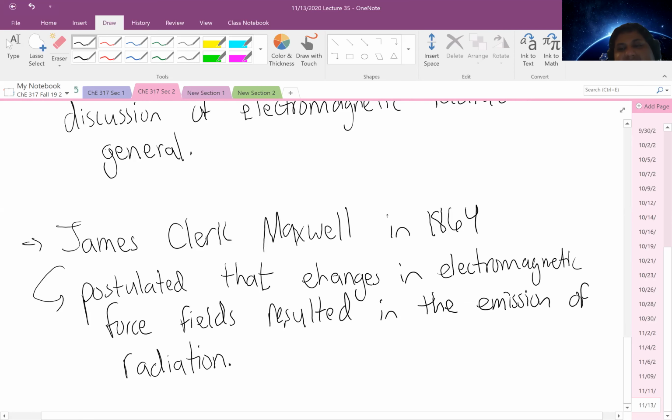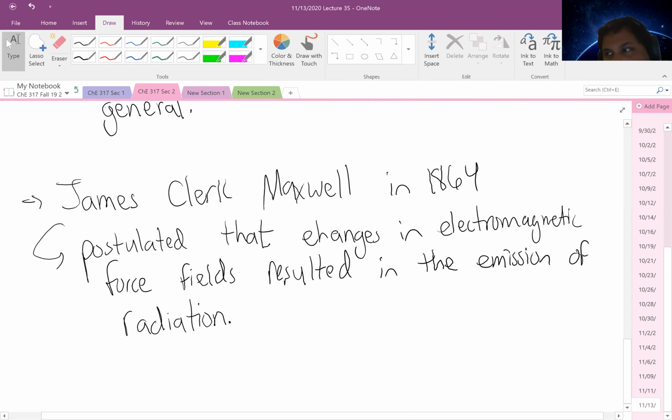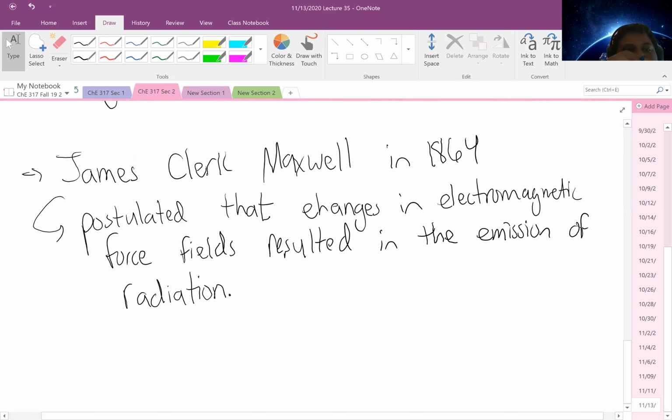So these changes in these energy fields resulted in the emission of energy. And so he created this theory and published it in 1864.